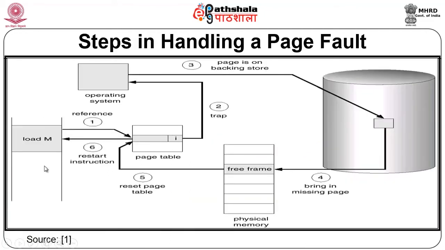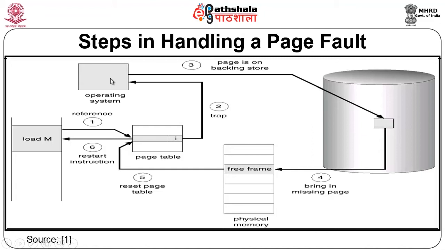If you look at the steps involved in handling a page fault, say there is an instruction called load M. Corresponding to this instruction, the CPU will generate a logical address, and you look into the page table to find the corresponding physical address, but you find that it is marked as invalid. If it is marked as invalid, a trap is given to the operating system.